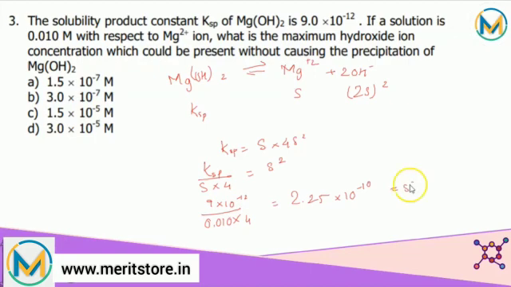And for S, we have to take the square root of this, and it comes out to be 1.5 into 10 raised to minus 5 mole per liter, that is molar. So the correct answer is option C, 1.5 into 10 raised to minus 5 mole per liter. Option C.